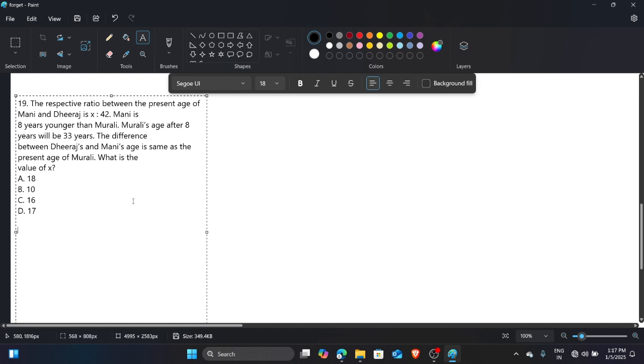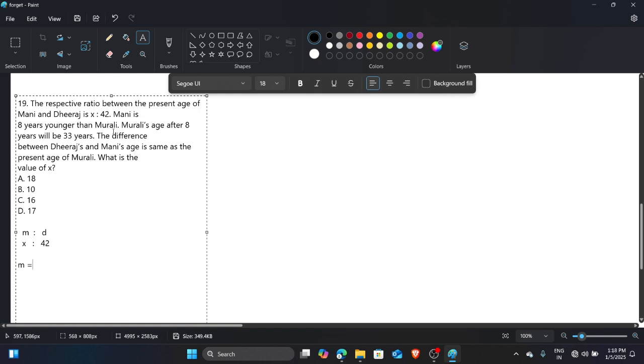So here we take Mani ratio and Dheeraj ratio, Dheeraj is X ratio 42. Okay. Mani is 8 years younger than Murli.